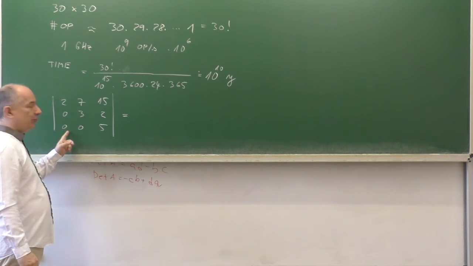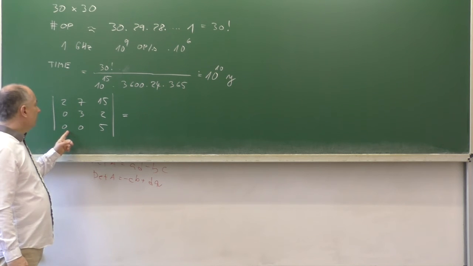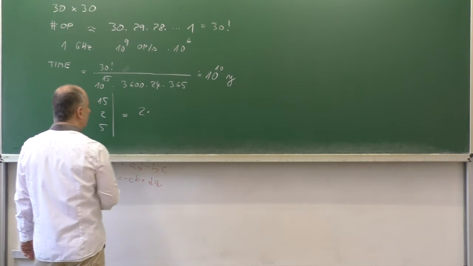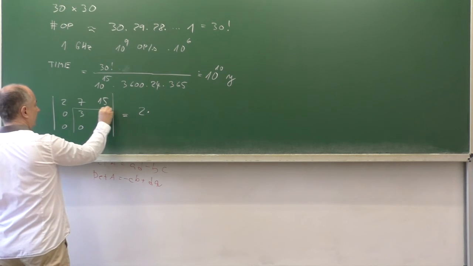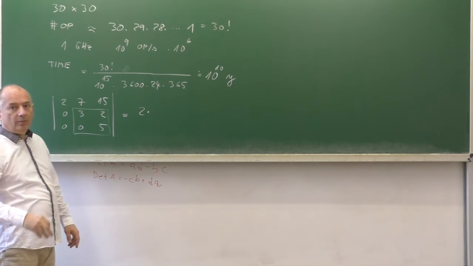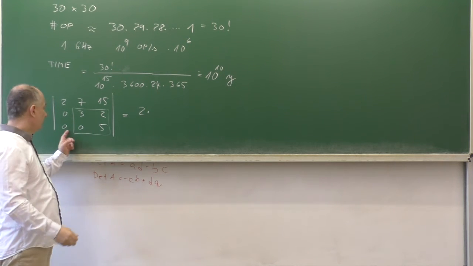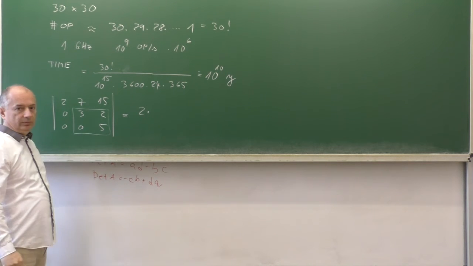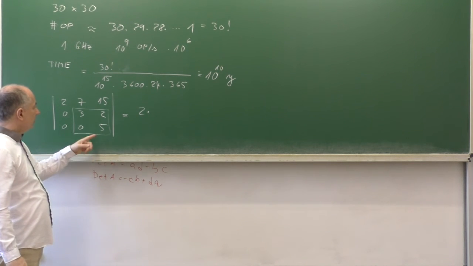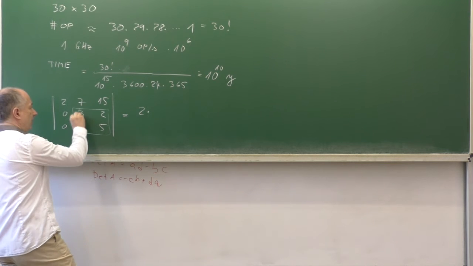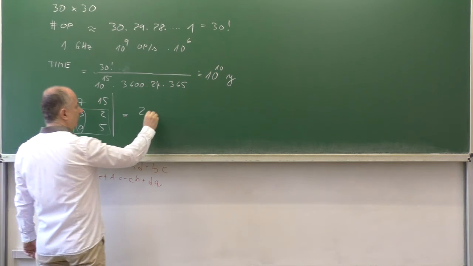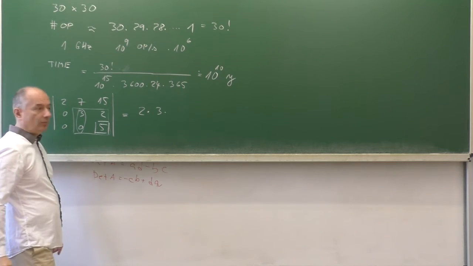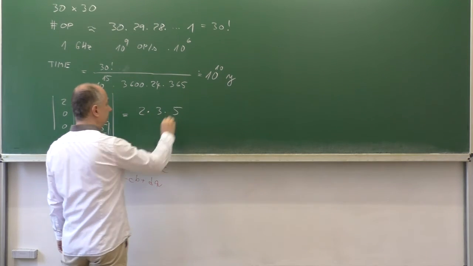If we now expand this determinant along the first column, we get 2 times this subdeterminant plus 0 times something plus 0 times something. We don't have to write these terms because they are 0. And this subdeterminant can be again expanded on the first column, which is 3 times this subdeterminant. And this is just 5, the number.